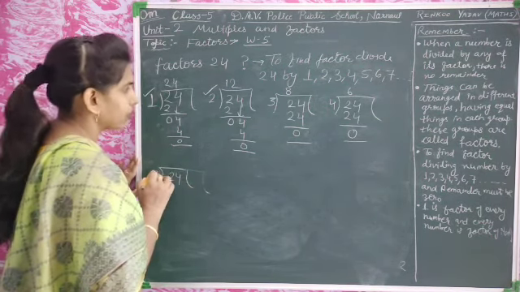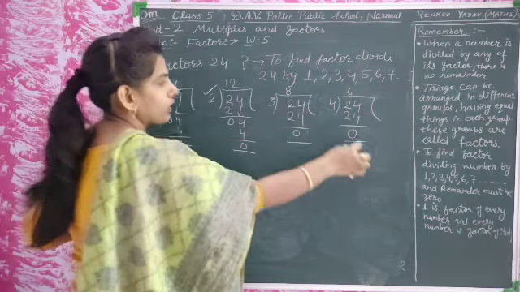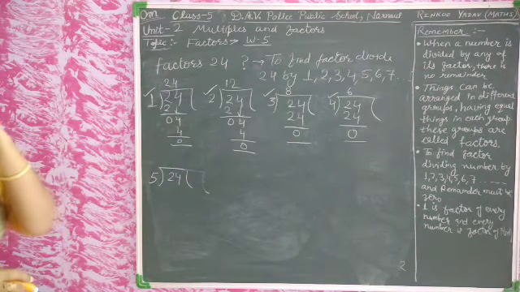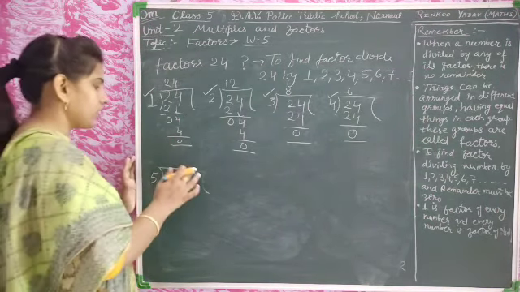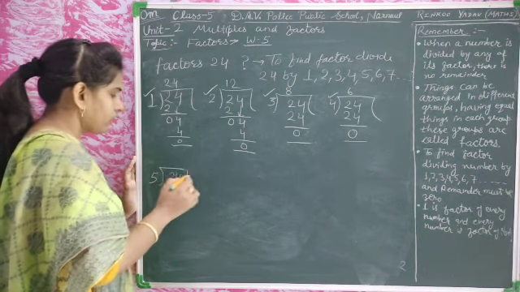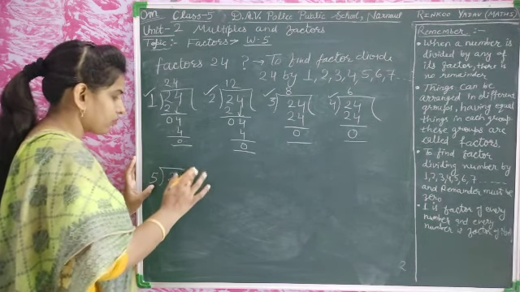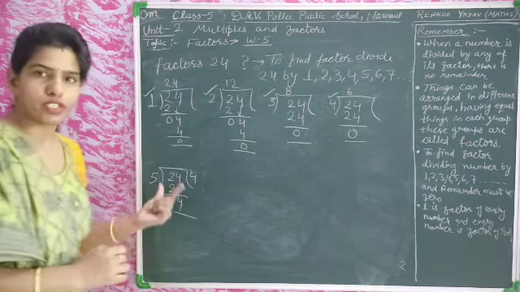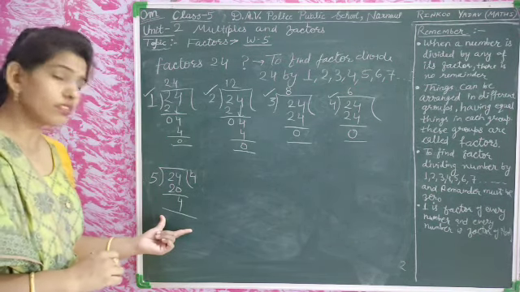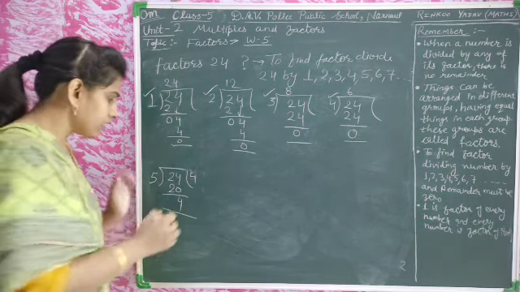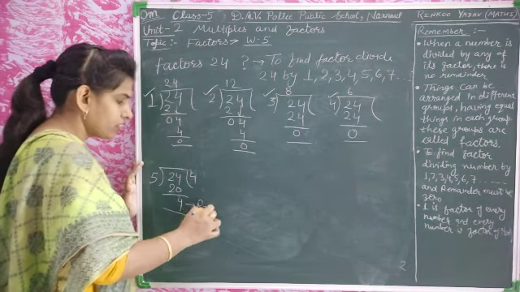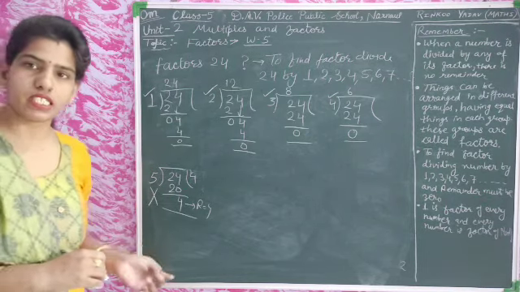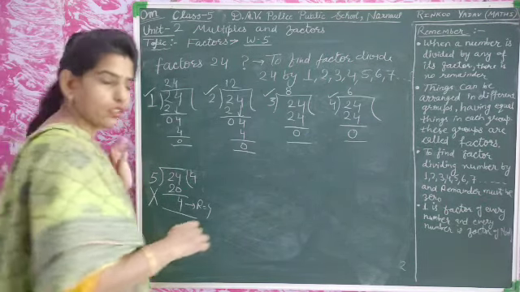Now students, if it is divided by 5, 5 4s are 20, and there is remainder 4. But we can divide by the next. Is it clear, students? It means there is the remainder 4, so it is not a factor of 24. This is not a factor of 24.